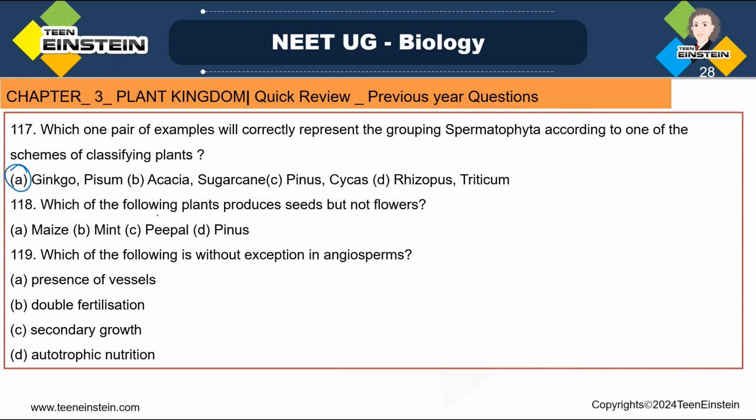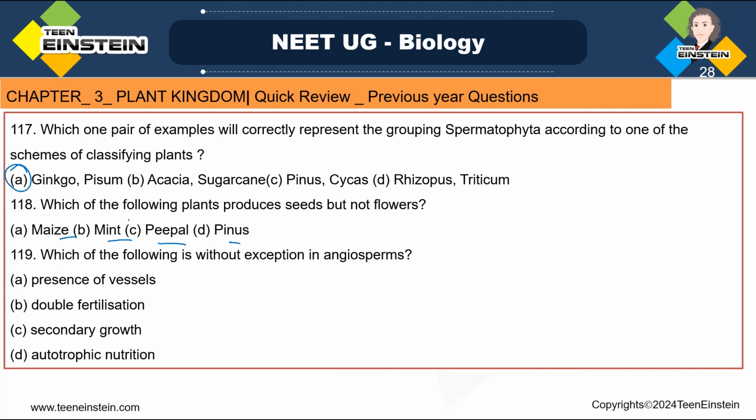Next question is, which of the following plants produce seeds but not flowers? Maize, mint, peepal, Pinus. Maize, mint, and peepal are all flowering plants, and after flowering they form fruit.